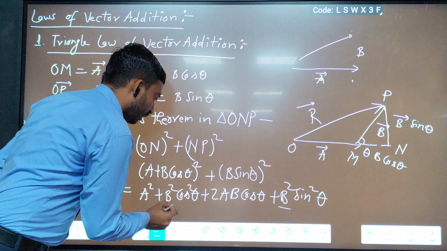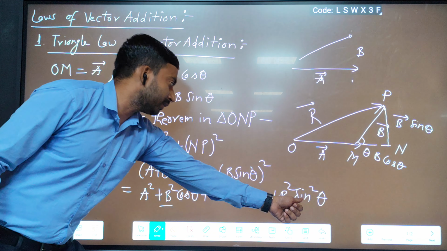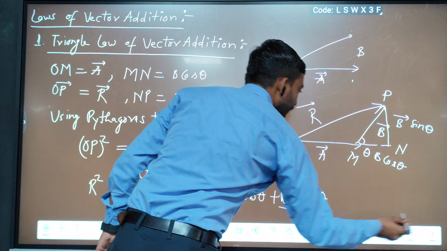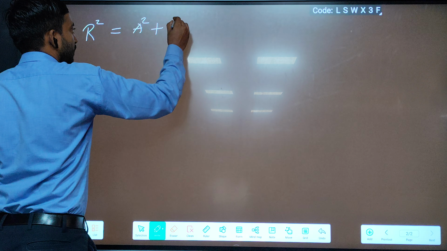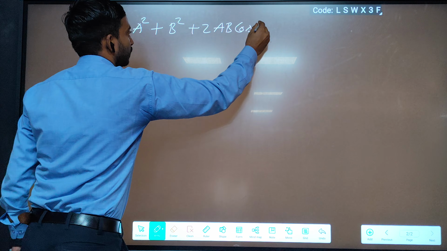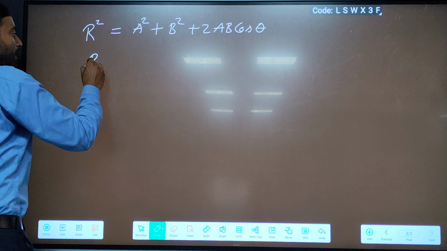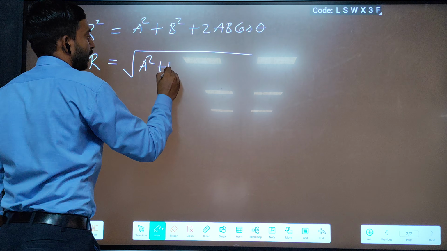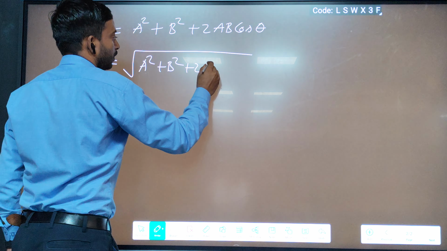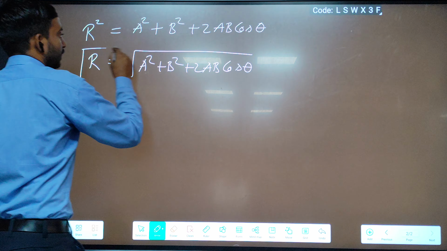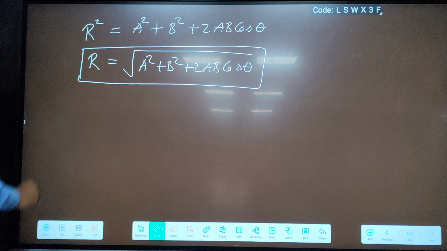So we'll take B square common, and sin square theta plus cos square theta will become 1. So A square plus B square plus 2AB cos theta, and R will be equal to the root of A square plus B square plus 2AB cos theta. This is the resultant vector.